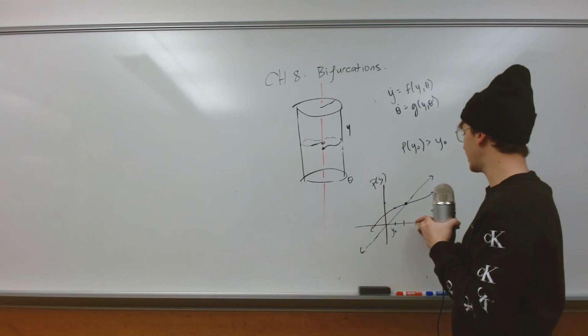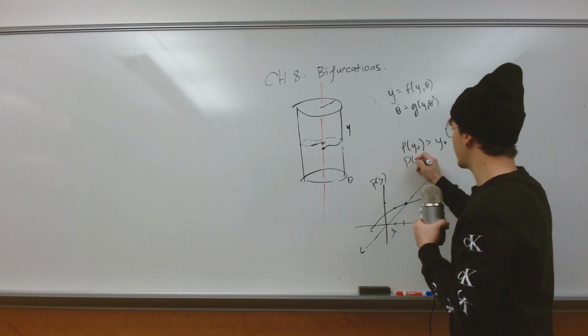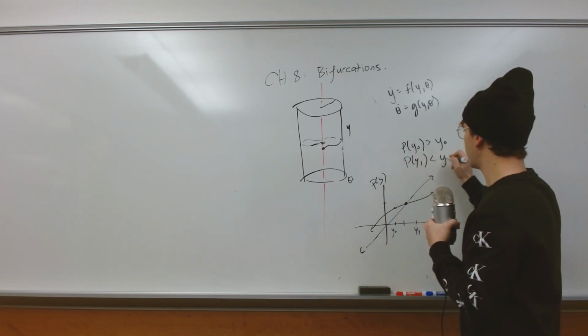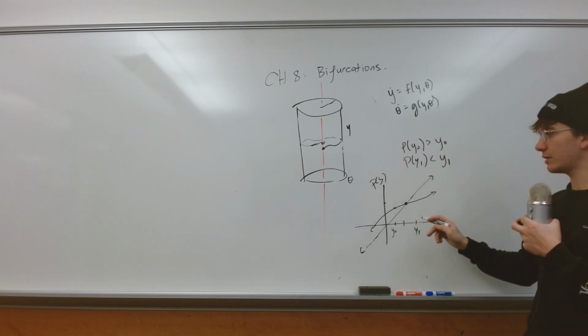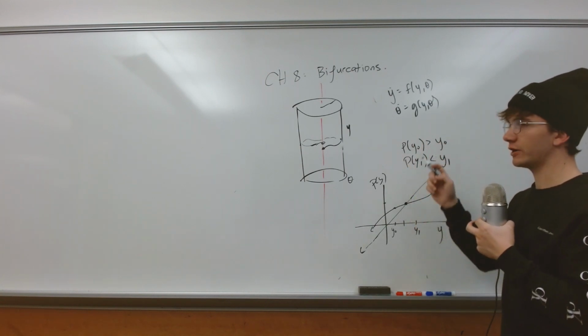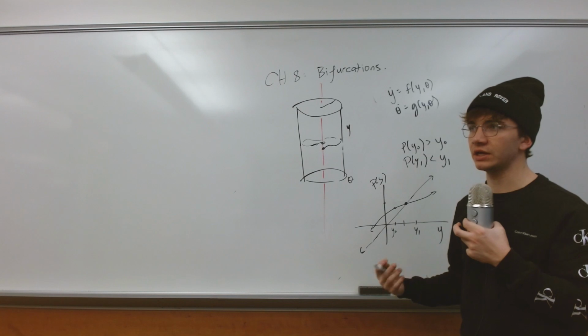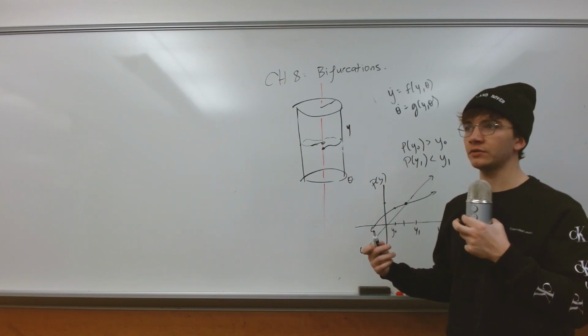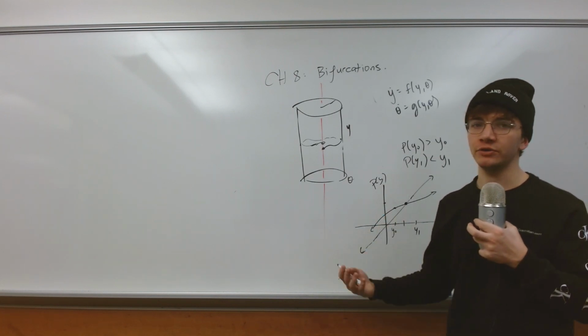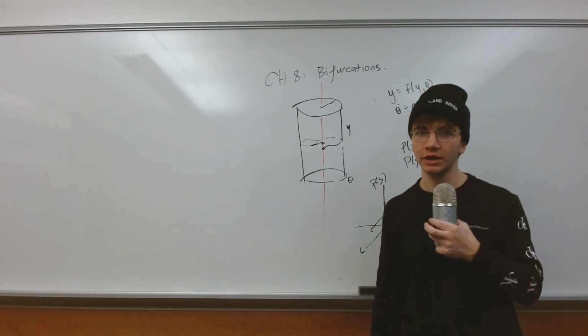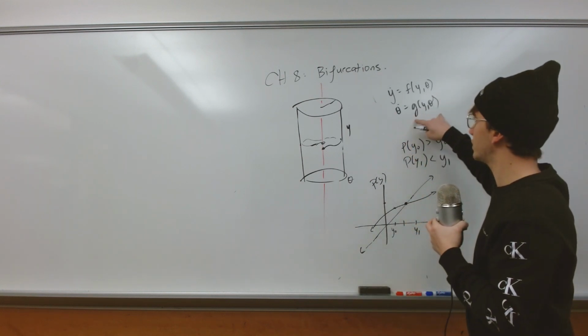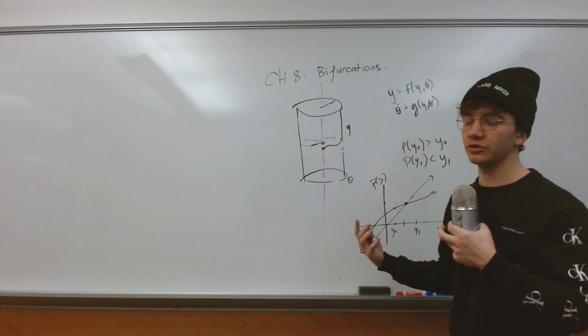And then at some later point y1, I have P of y1 less than y1. Then, if I show that the Poincare mapping is continuous, which basically means that my differential equations depend continuously on the initial data they're given, which is sufficient, as long as f and g are sufficiently smooth, they will.